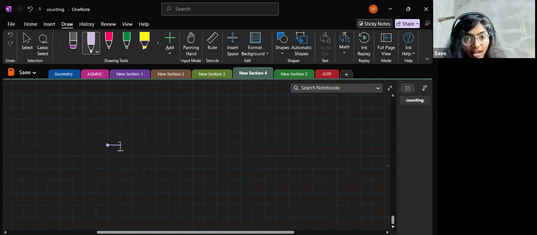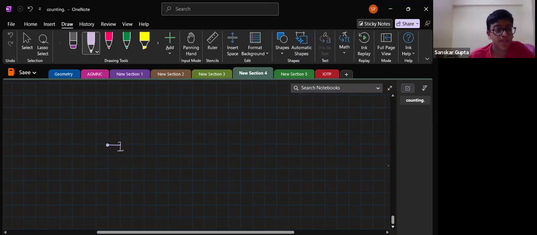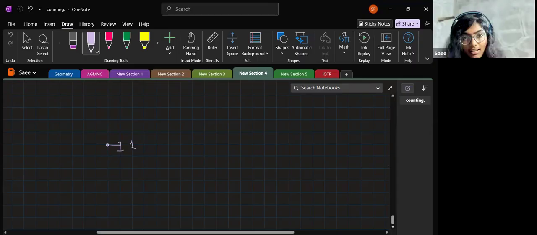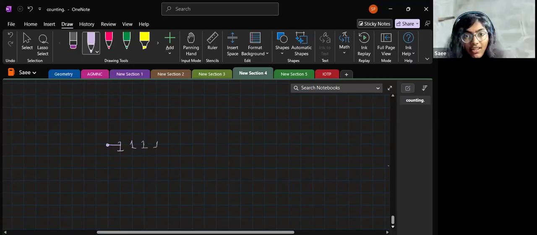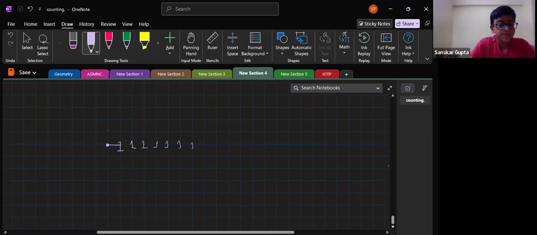How about if Sai lives here? Then there's one path again. Anywhere he wants to go on this line, there's only one way to go. How about if he wants to go here? There's again one. These are all ones.